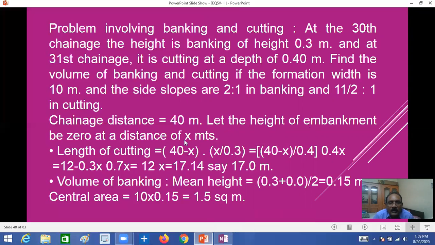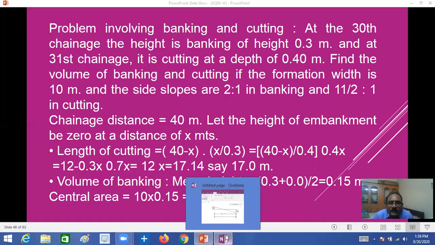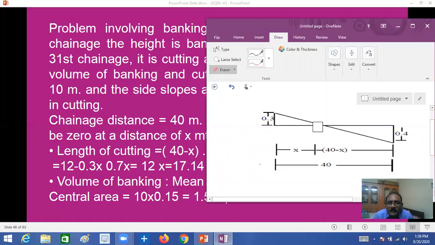We assume that this is 0 at X. From here, X, this is 0.